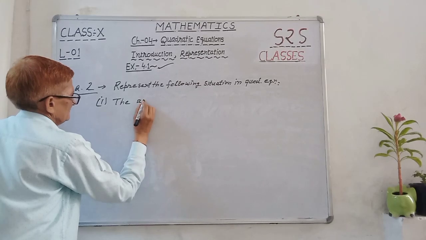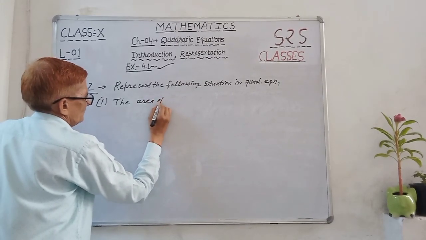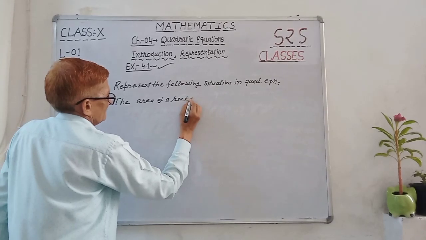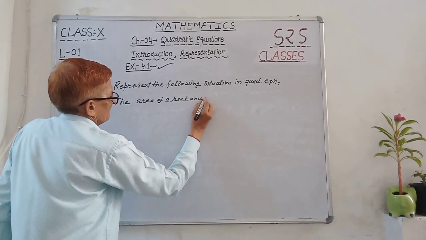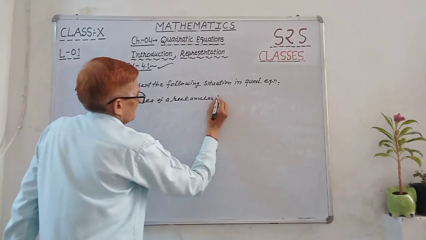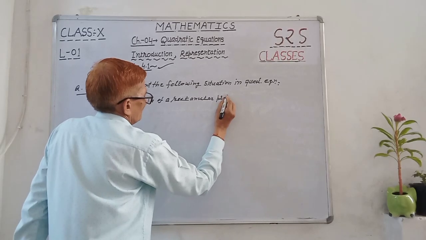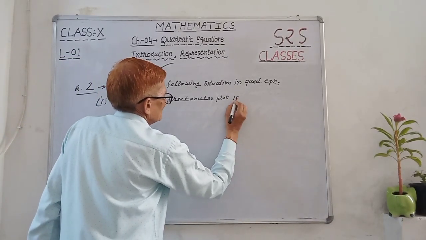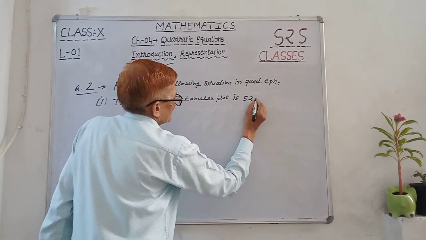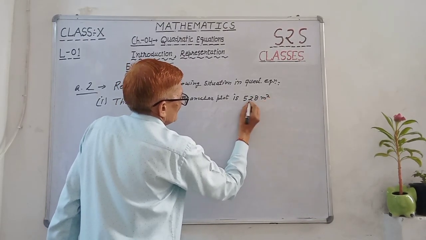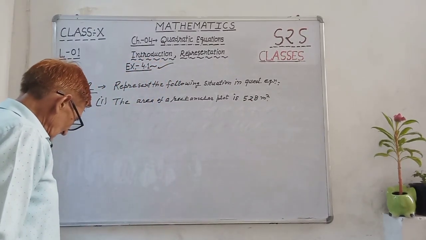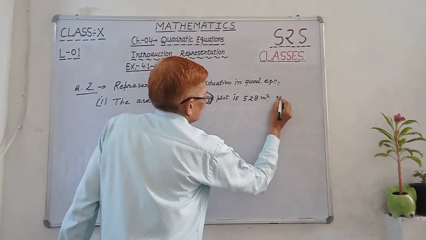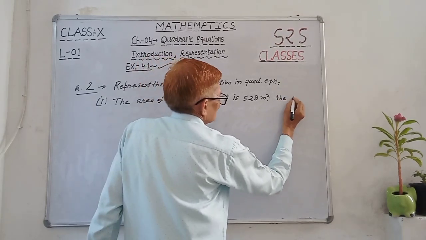The area of a rectangular plot is 528 meter square. And after that, the length of the plot is 1 more than twice its breadth. Same as one example I took, but here it says the length.